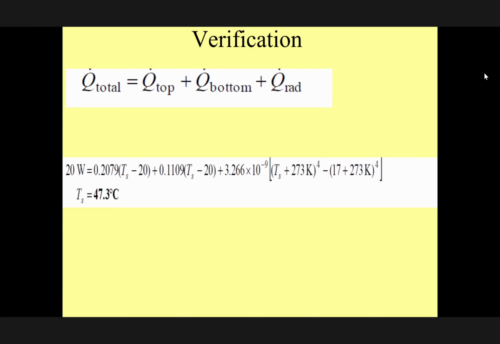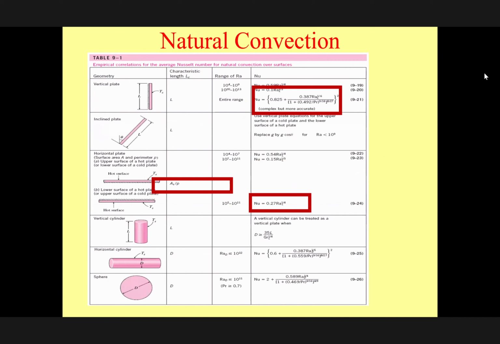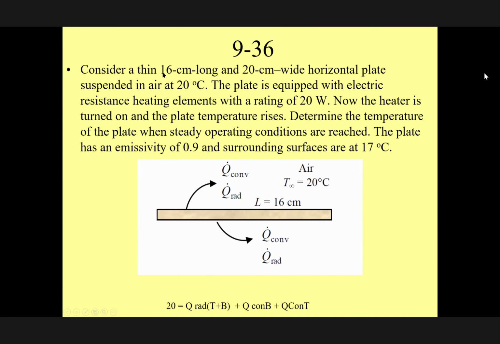Sir, do we neglect the heat transfer coming from the side of the object? Well, you can. Let's go back. Look at here, the word thin, what that means here. That means you can ignore it, okay?